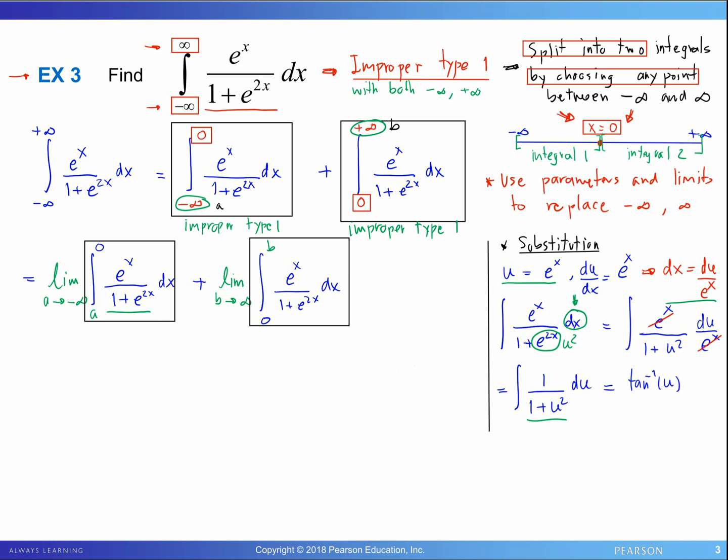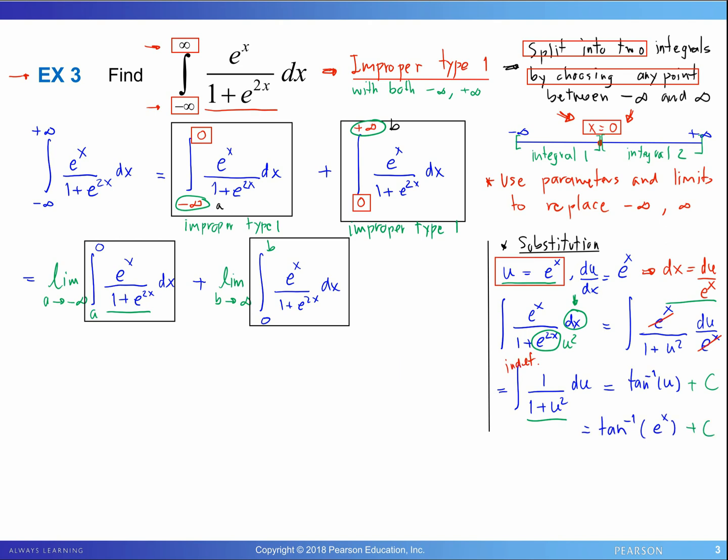And since this is an indefinite integral, we must have a constant c right here. And now we sub back u equal to e to the power of x. And now we have arctan of u, which is equal to e to the power of x plus c.